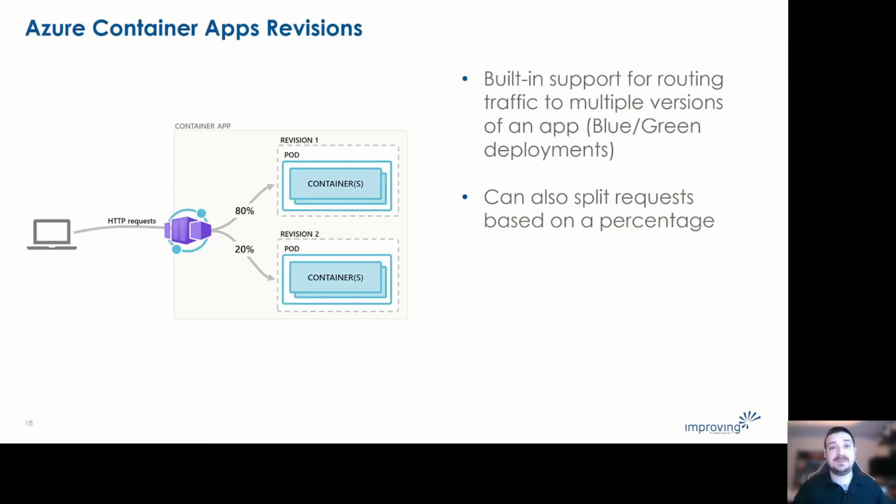So let's do a deep dive into some of those features that I mentioned for Azure Container Apps. One of the big ones here is the support for revisions. This has built-in support for routing traffic to multiple versions of an app, sometimes also known as blue-green deployments.